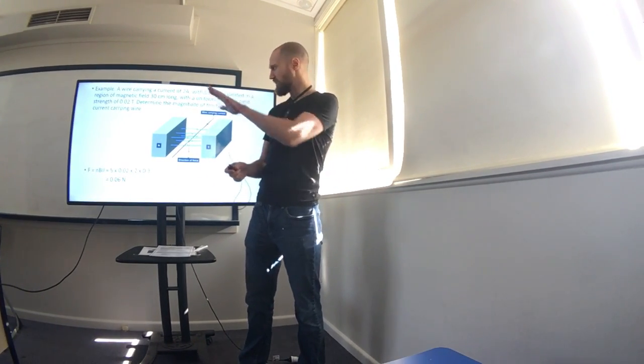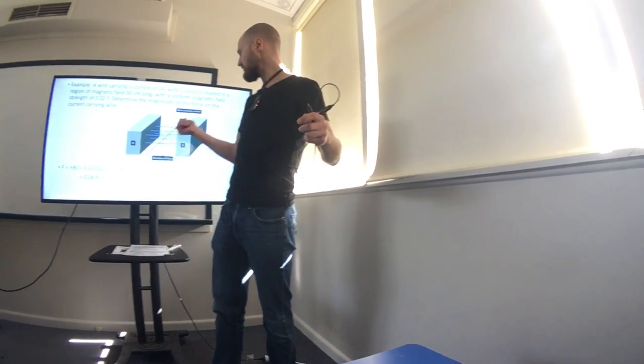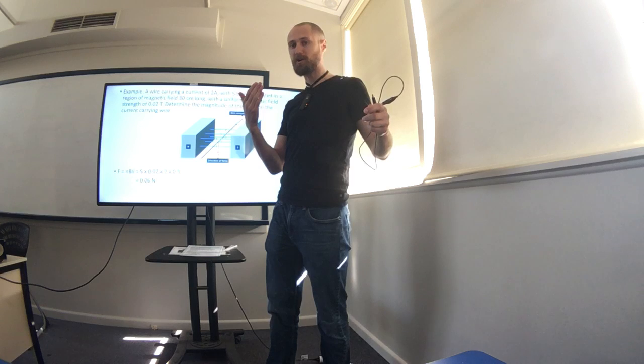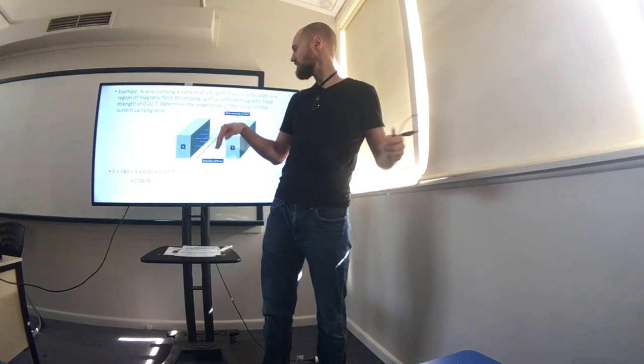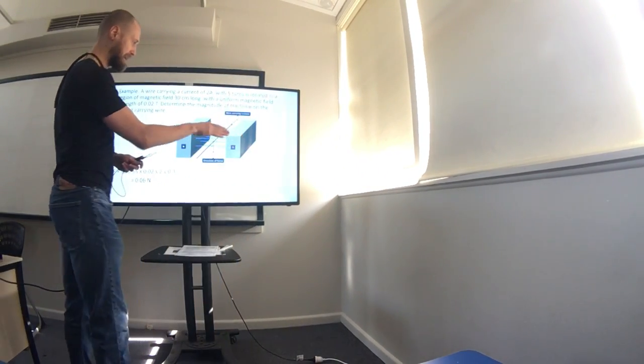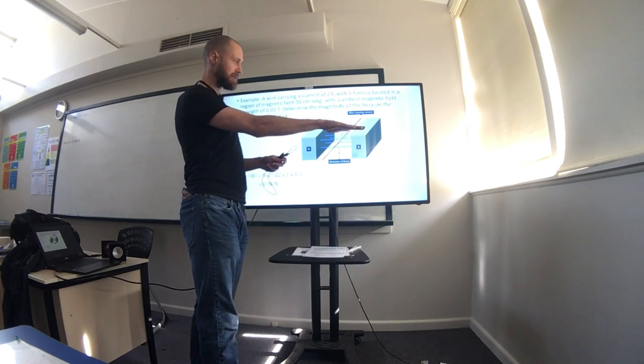Just like how there was a direction of a force on a charge moving in the magnetic field, because a current carrying wire can be thought of as a series of positive charges moving in a magnetic field, there's going to be a force along this wire as well. And we can determine the force on that wire, like I had on that diagram about the right-hand slap rule a while ago, by saying that we position our fingers along the direction of the magnetic field.